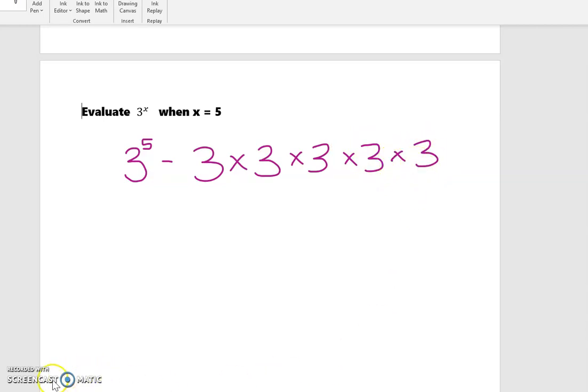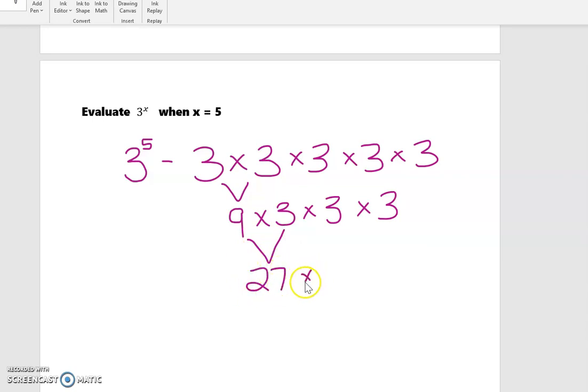As you evaluate this expression, remember we want to take this one multiplication step at a time. So I'll do 3 times 3, but I don't want to just keep multiplying by 3. So I'm going to show my work out this way. And I'm continuing to work down the ladder. 3 times 9 is 27.